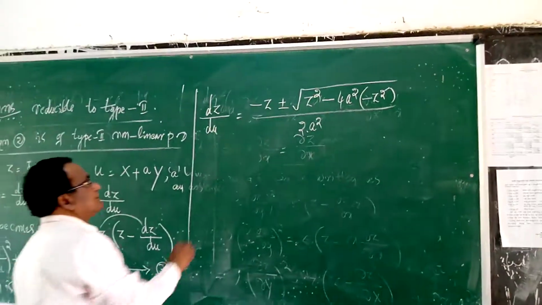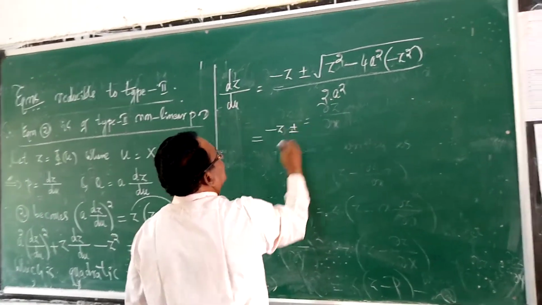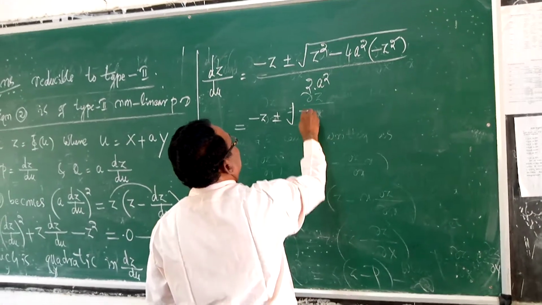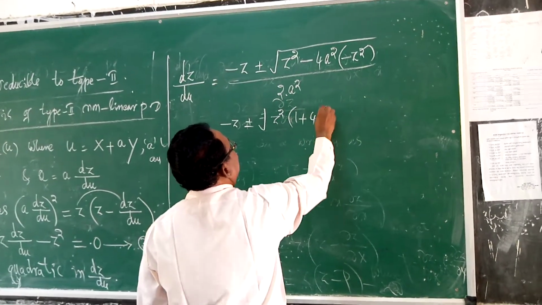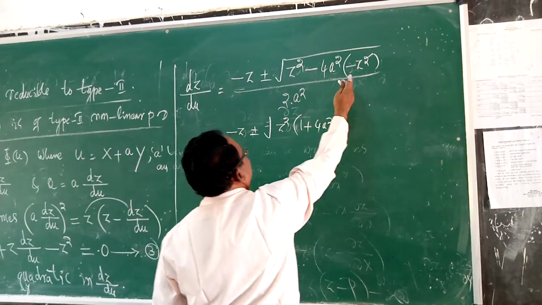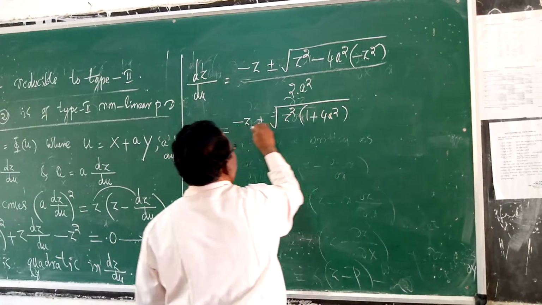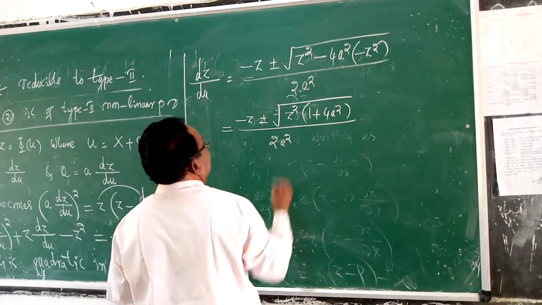Okay, this is equal to minus z plus or minus square root of z squared, a common factor here, 1 plus 4a squared, you take that z squared outside, divided by 2a squared.